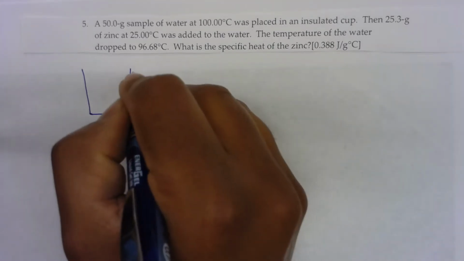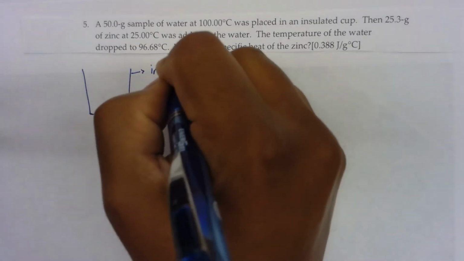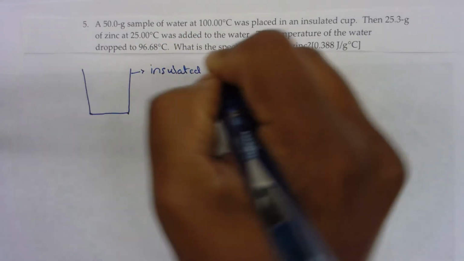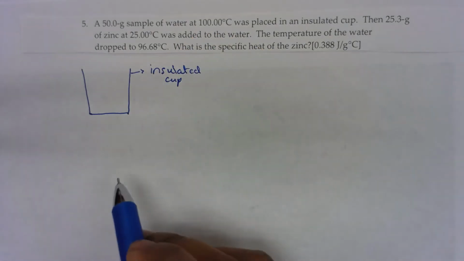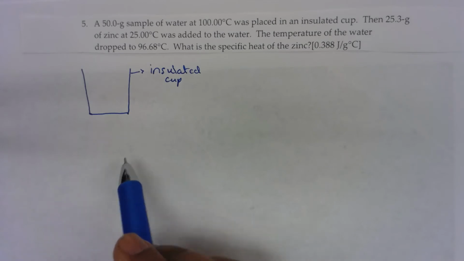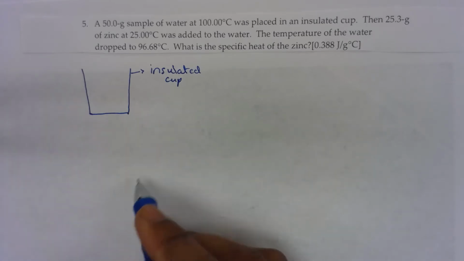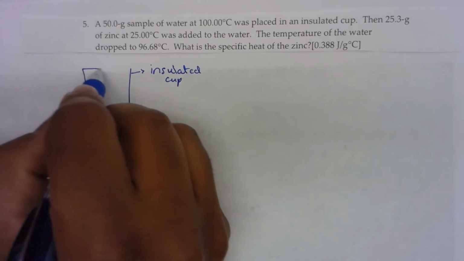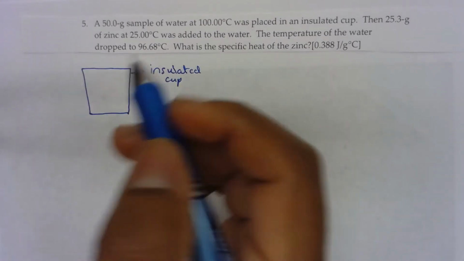So we're going to assume that this is my insulated cup. What is the significance of having an insulated cup? To keep the heat in, right? To insulate something means to prevent the temperature from changing, right? So this is my insulated cup.